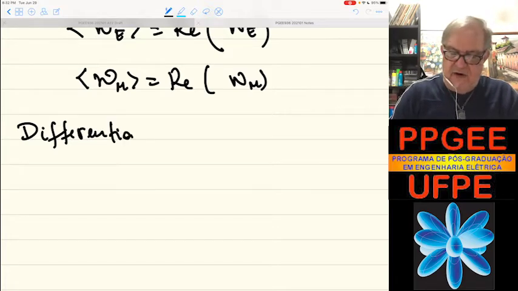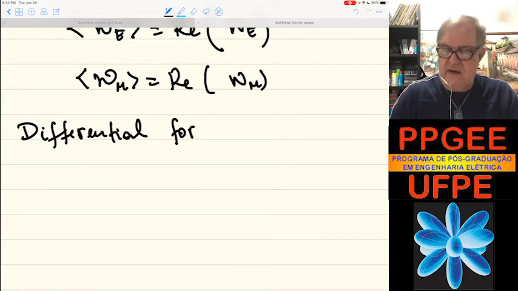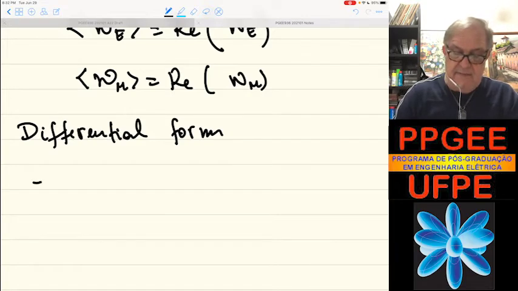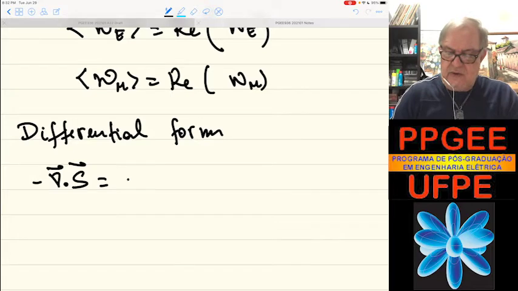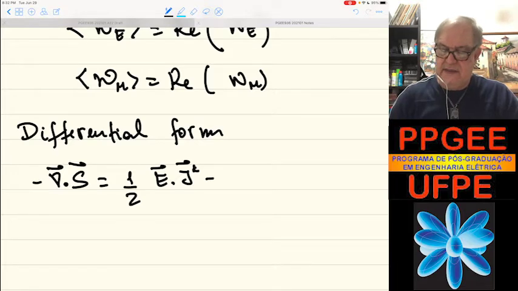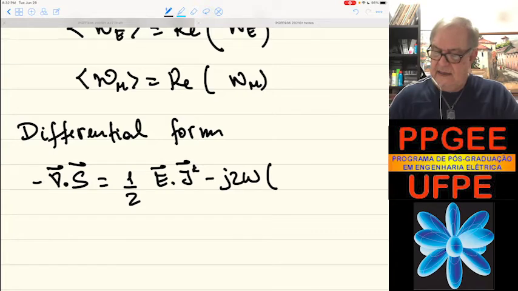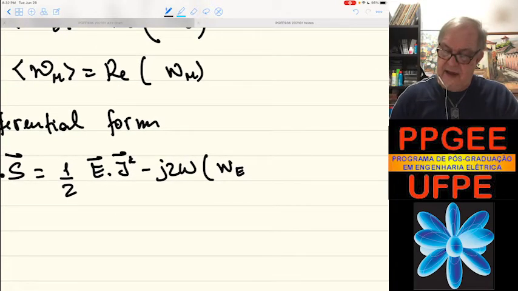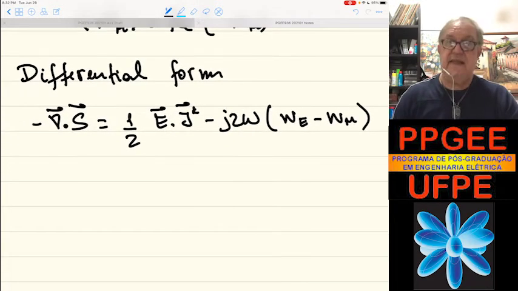The differential form of Poynting's theorem for harmonic field is, minus, I can put the minus if I want, divergence of S equals half of E·J conjugate, minus j 2 omega times the electrical energy density minus magnetic energy density, right?